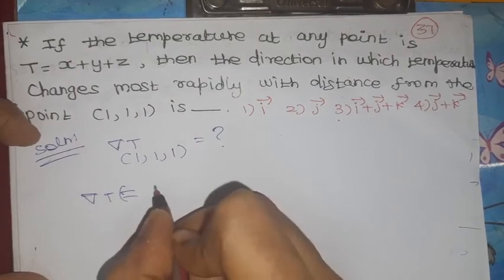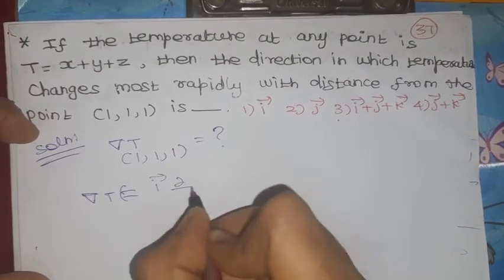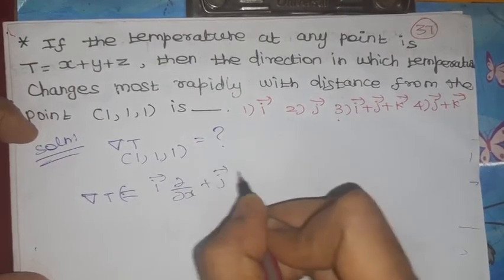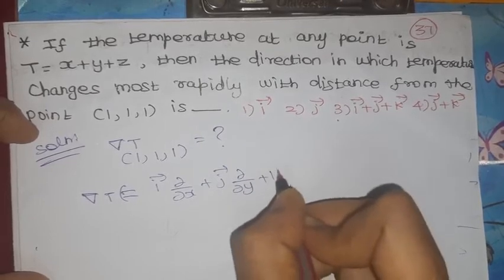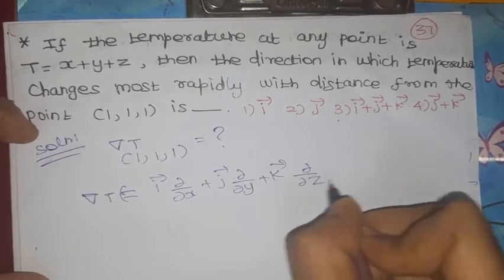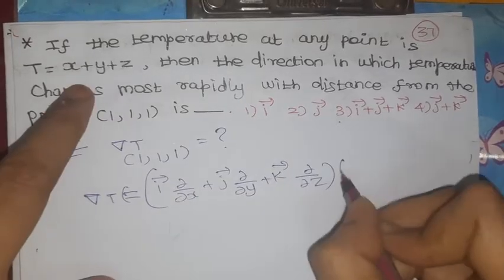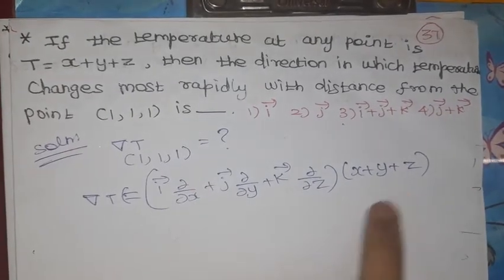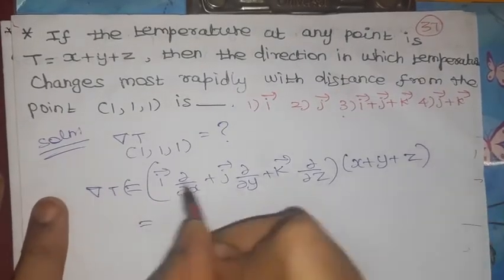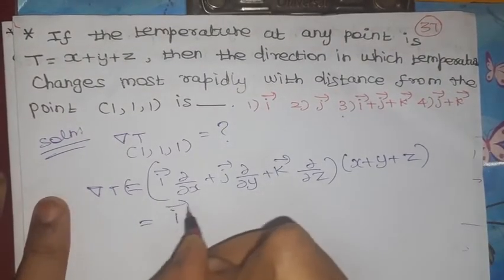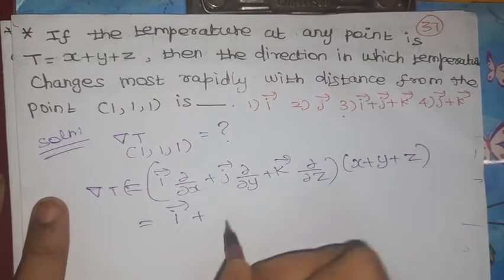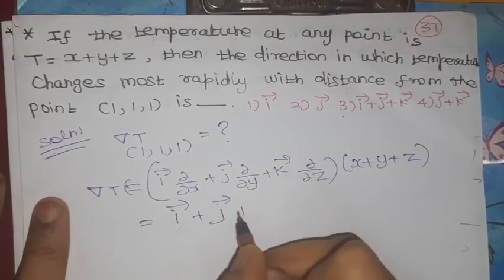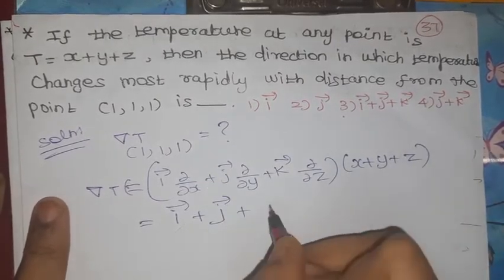Del T is equal to i ∂/∂x plus j ∂/∂y plus k ∂/∂z of T. T is nothing but x plus y plus z. Then ∂/∂x of this term will give i, ∂/∂y of this whole term will give j, ∂/∂z will give k.